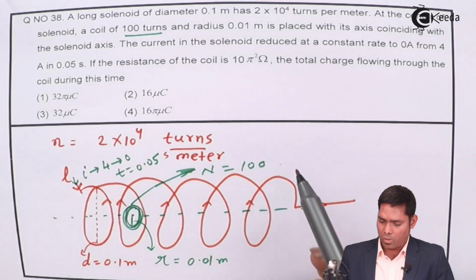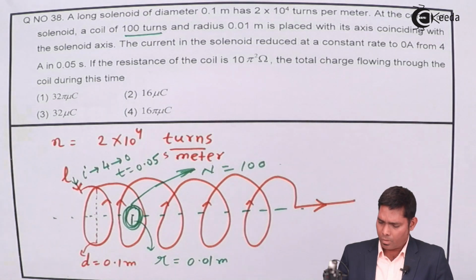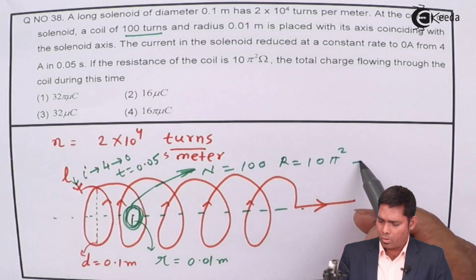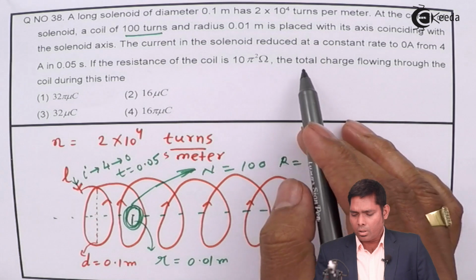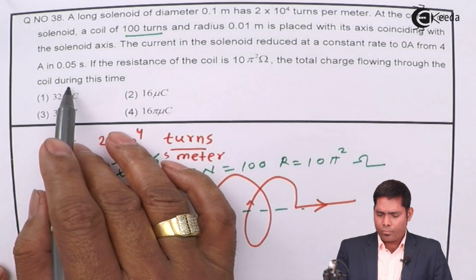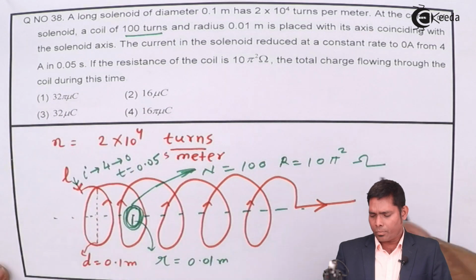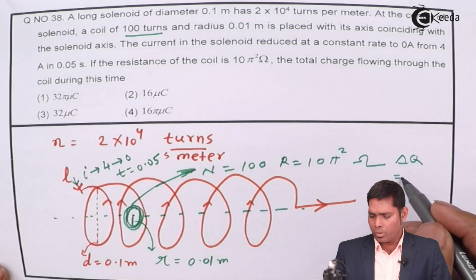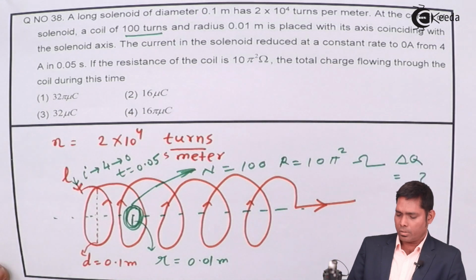So the resistance is also given as 10 pi square ohms. The total charge flowing through the coil during this time, the charge flown, delta Q, is asked.